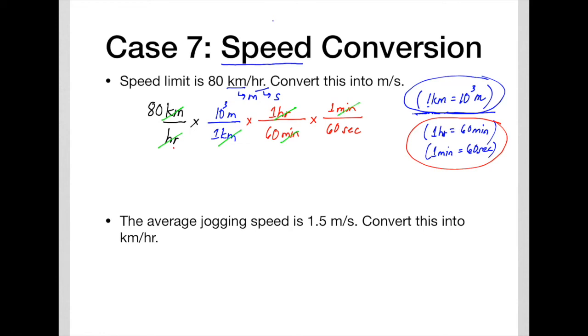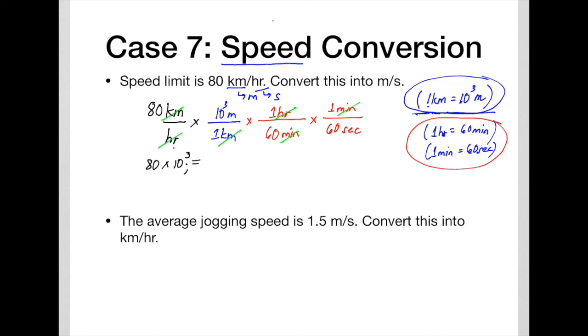So that is simply 80 times 10 raised to 3, and then divide it by 60, pressing equals in the calculator.